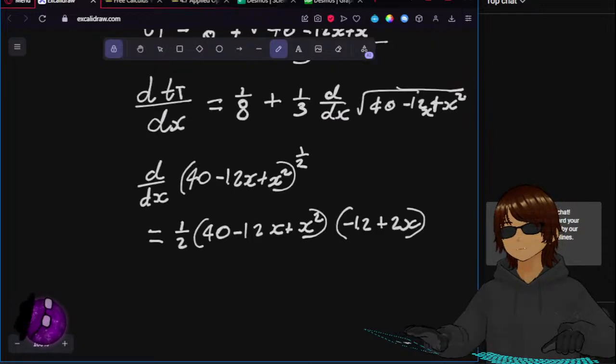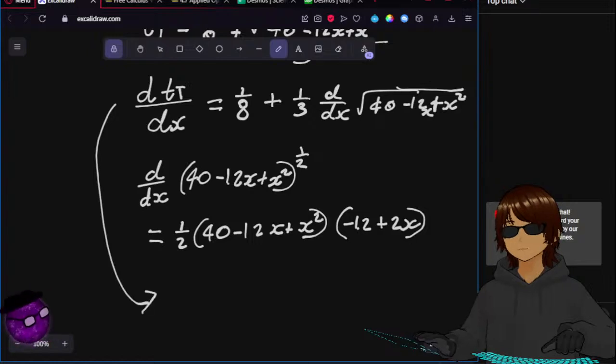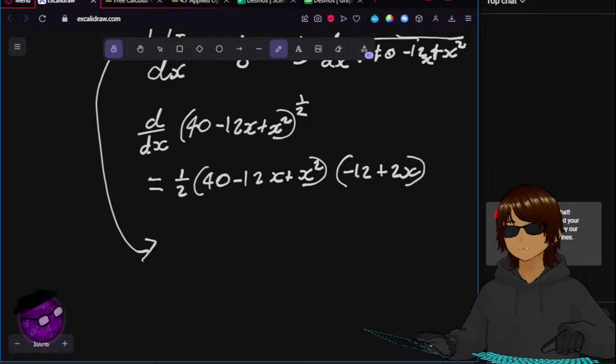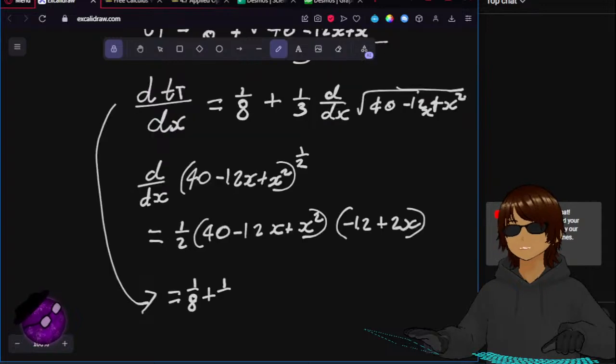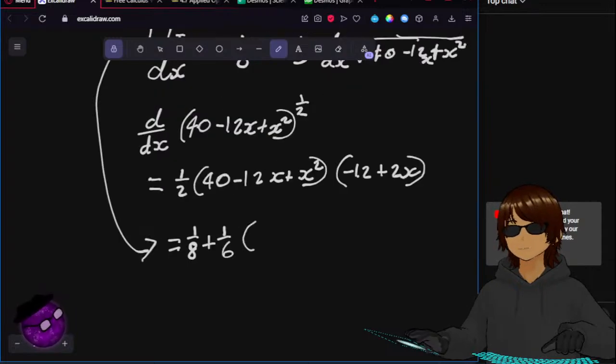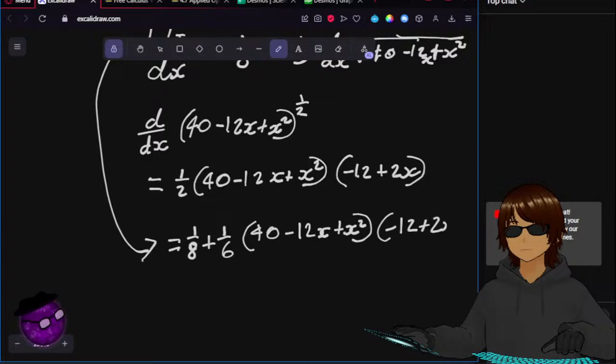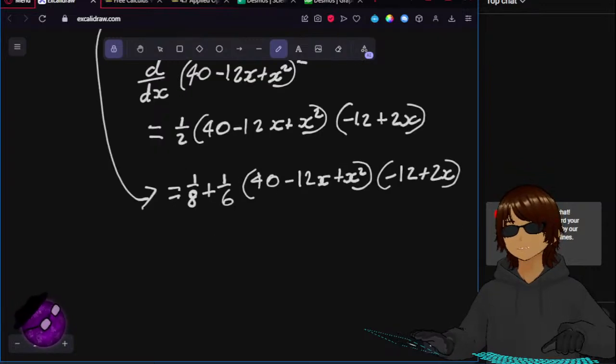So this is equal to, so 3 times 2 is 6, so I will just write that. And we need this to be 0, right?